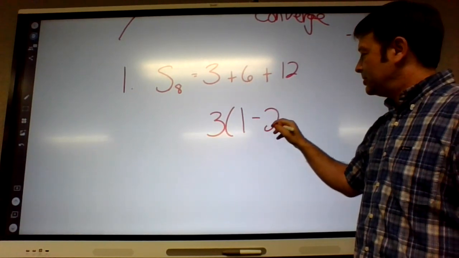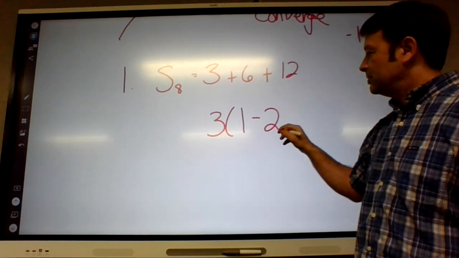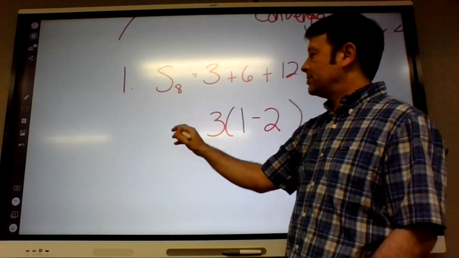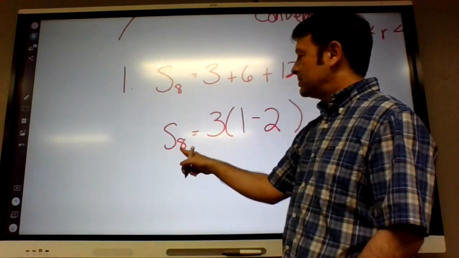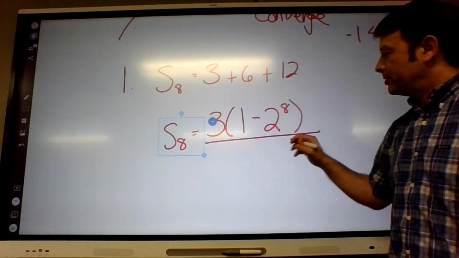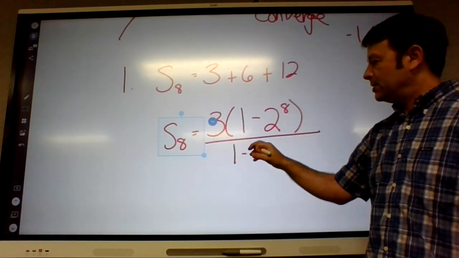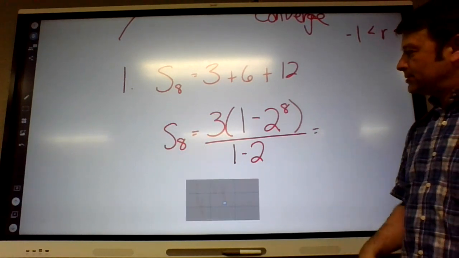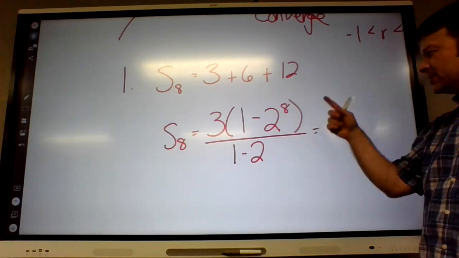So the common ratio is 2. Okay, what is the n value that goes right there? It's always going to be the number of terms we're adding together, so it's 8. And then on the bottom, you do 1 minus r again, but there's no exponent. And that's it. Just plug that in, that'll give it to you.